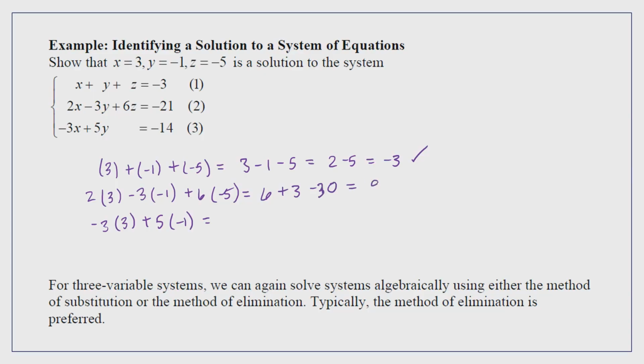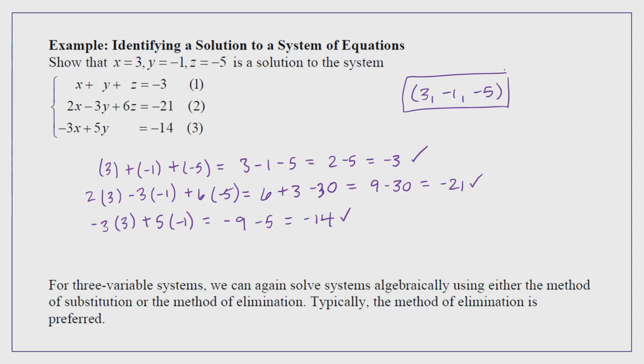So that would be 9 minus 30, which would equal -21. So that's true. Then we have -9 minus 5, which is -14, which is true. So we know the ordered triple (3, -1, -5) is a solution to this system.